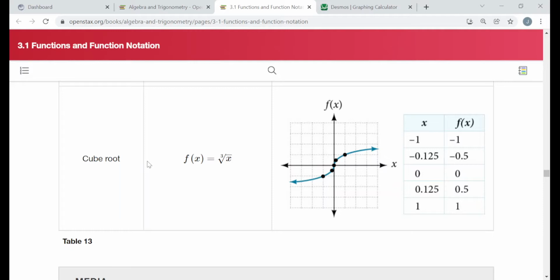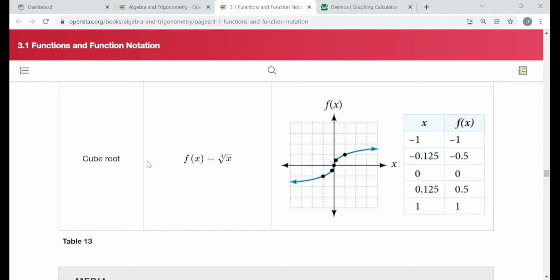Later in the text, we'll see your basic exponential functions, your basic logarithmic functions, and if you go on into a trigonometry course, or sometimes it's brought up in pre-calculus, you'll see your basic trigonometric functions: sine, cosine, tangent, cosecant, secant, cotangent, and the inverse trigonometric functions, the basic versions of those.